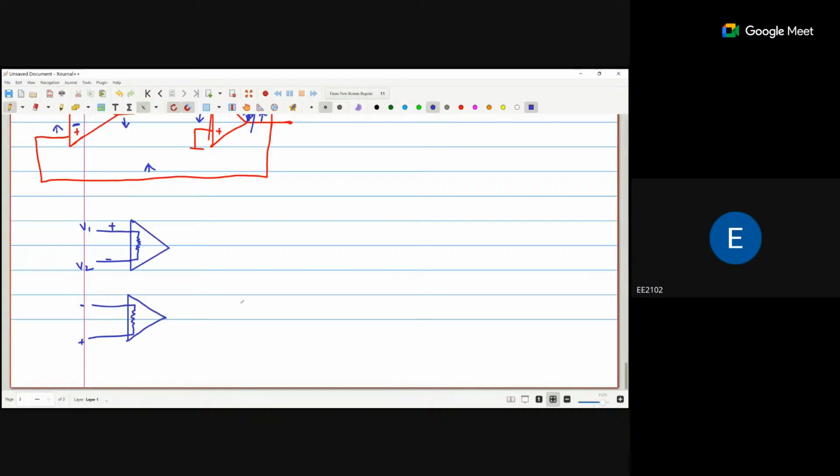The positive terminal is basically called the non-inverting terminal. Why we call it the non-inverting terminal, we will discuss. And the negative terminal we call the inverting terminal.